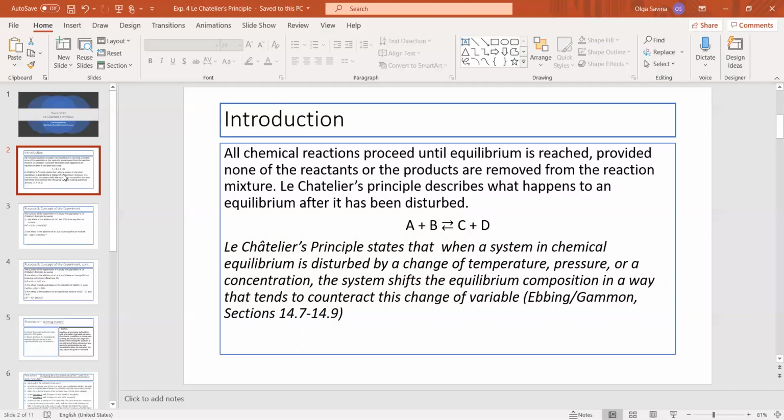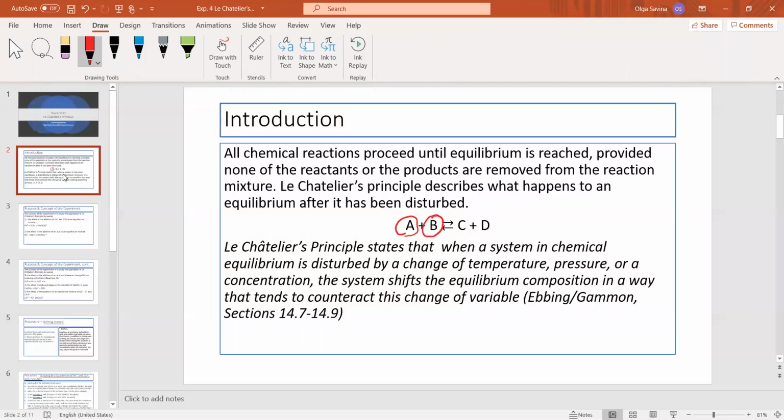Okay, let's look at our equation. A reacts with B, producing C and D. And let's say we are interested in the production of C. How can we get more C, the highest percent yield of C? What can we do? First, we can use an excess of reagents.